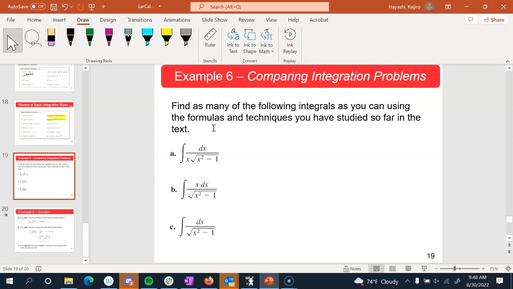We're gonna look at these three very similar looking integrals, and despite the fact that they look similar, they would be solved in completely different ways. We're just going to look at what makes them different. They all have the square root of x squared minus 1.